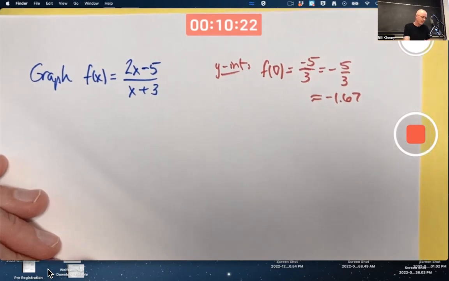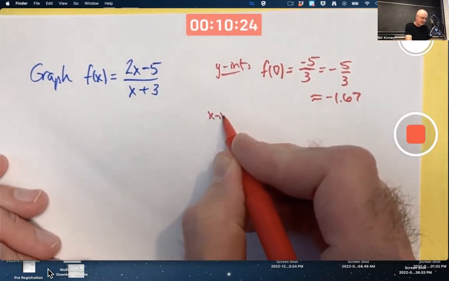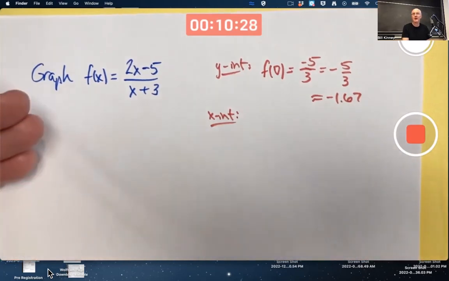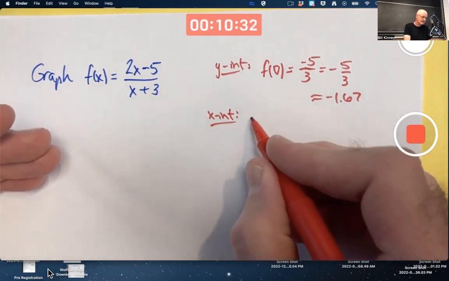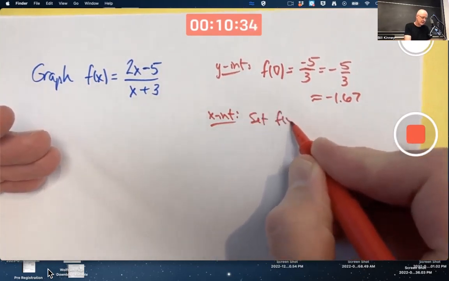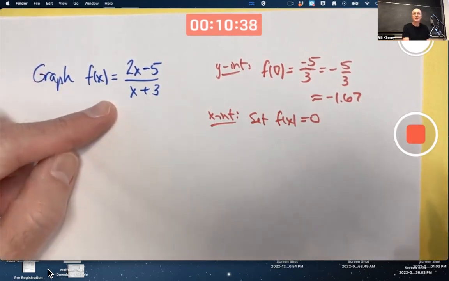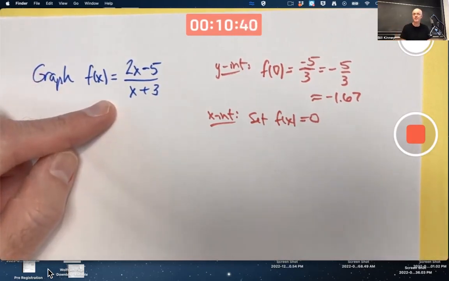Okay? What about the x-intercept? That's where the numerator is 0, as long as you canceled any common factors. Set f of x equal to 0 and solve for x. The only way a fraction is 0 is if the top is 0.